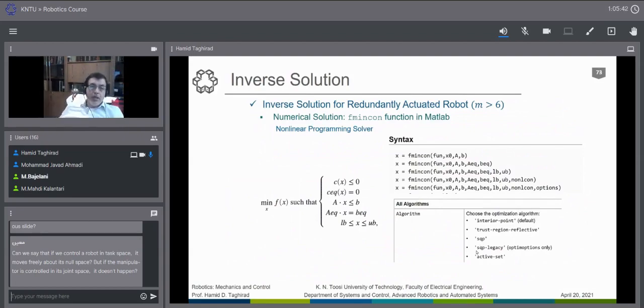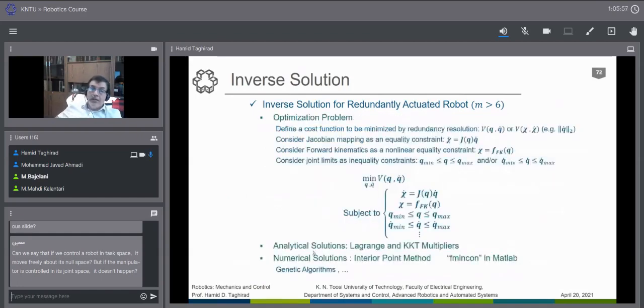But for parallel robots, we have done that, and we have solved that analytically, and we have run it online on our cable robotic system. You should wait a bit for our last chapter, where we talk about trajectory motion planning and also the control part. That would show what is online and what is offline.